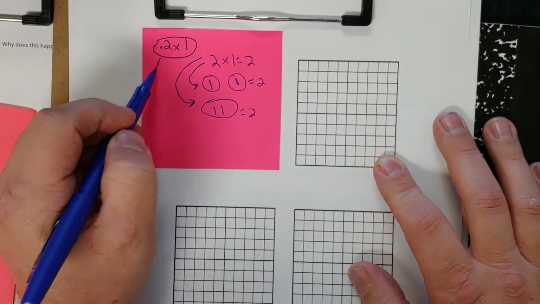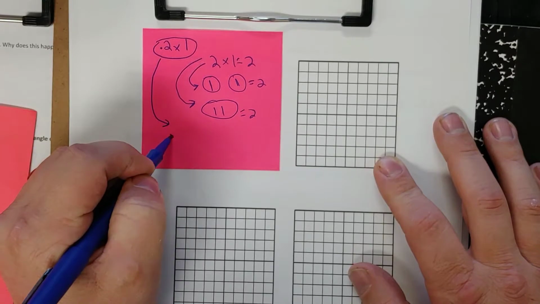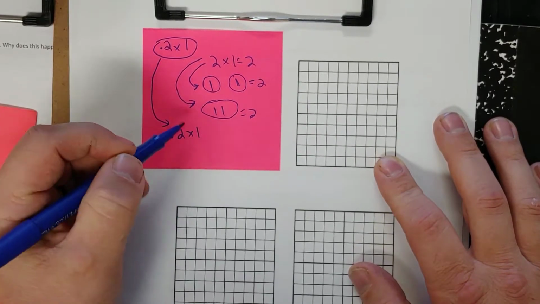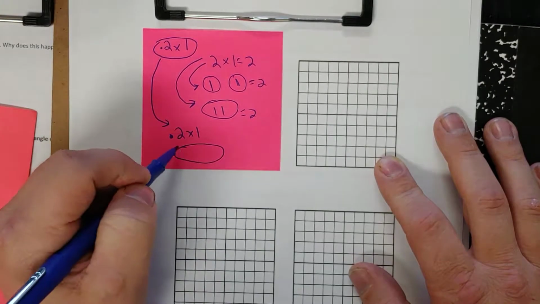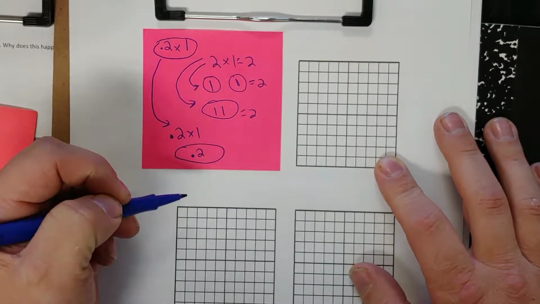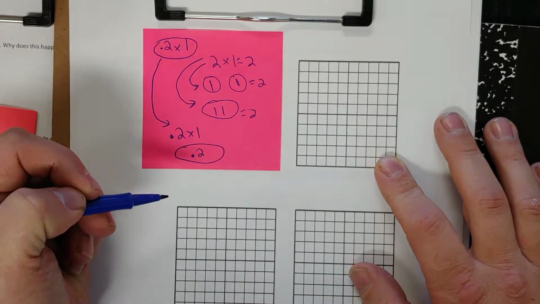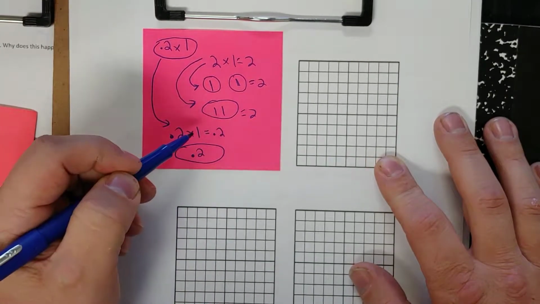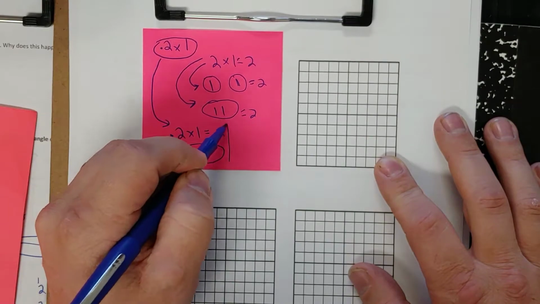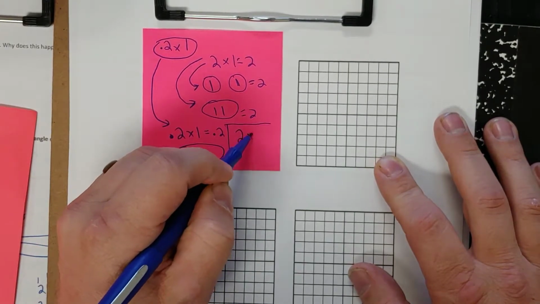But when I have a decimal by a whole number, so if I have 2/10 times 1, what I'm essentially saying is I have 1 group of 2/10. So that would just be 2/10. Let's say I had 2 times 2/10.